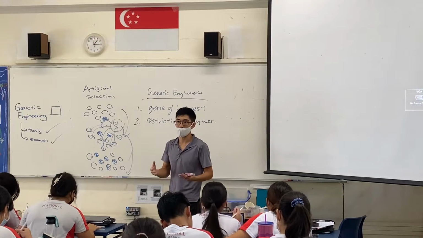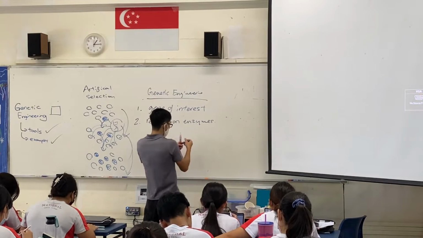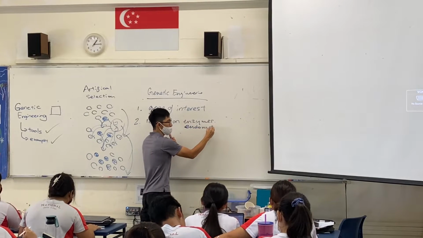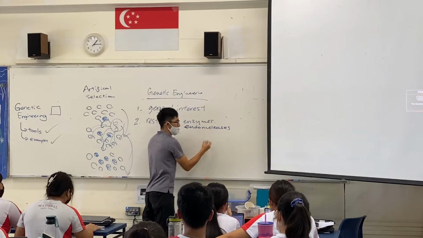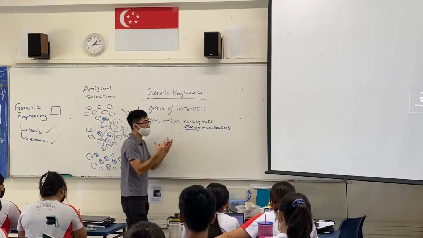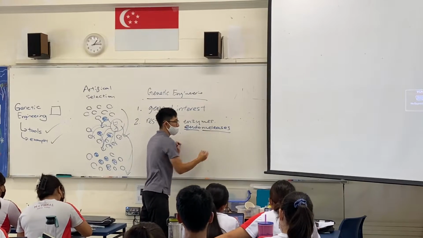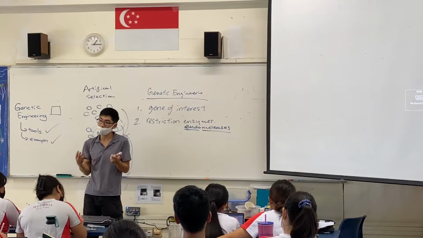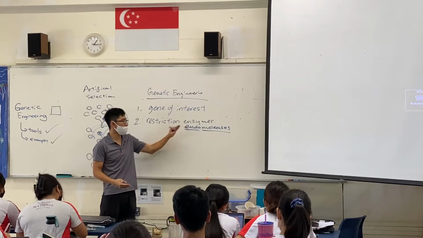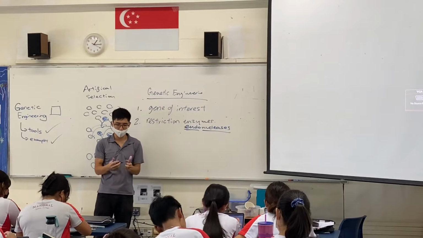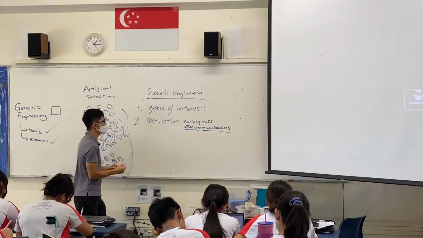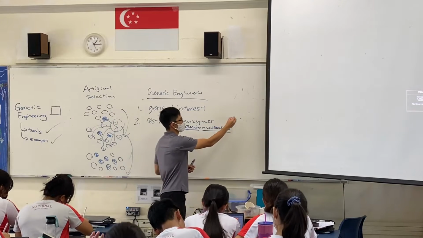Same idea. Your textbook will elaborate a little bit more. The word endo means on the inside. Nucleases means to cut the nucleic acid. Same thing. Okay, restriction enzymes, restriction endonucleases. Okay, so this is our molecular scissors.